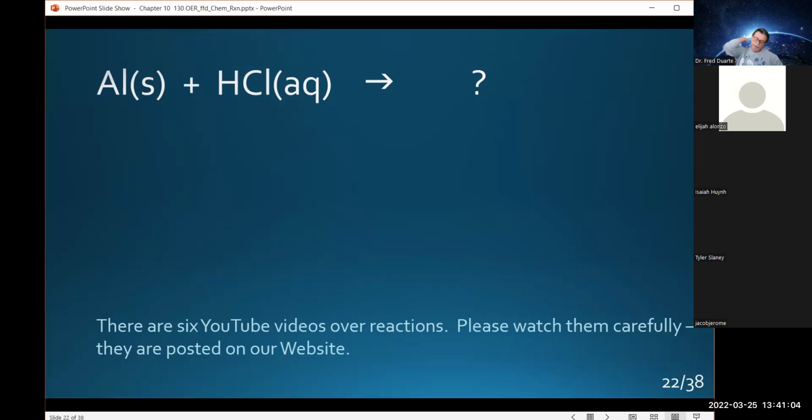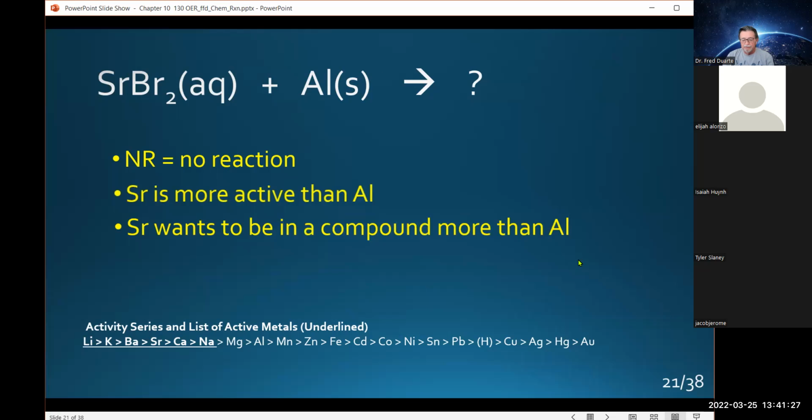Okay, now here we have aluminum and hydrochloric acid. Keep in mind that the activity series is, what's the word I'm looking for, relative to hydrogen. If you look at the activity series, here's hydrogen right here.